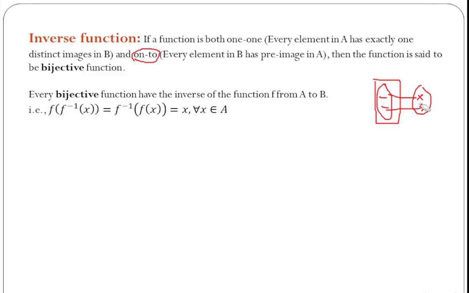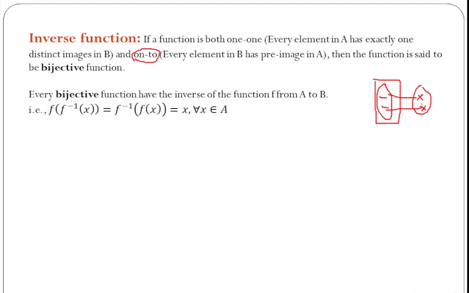Some functions have the peculiar property of being both one-one and onto. Such functions are said to be bijective functions. For a bijective function, we know that the inverse exists.